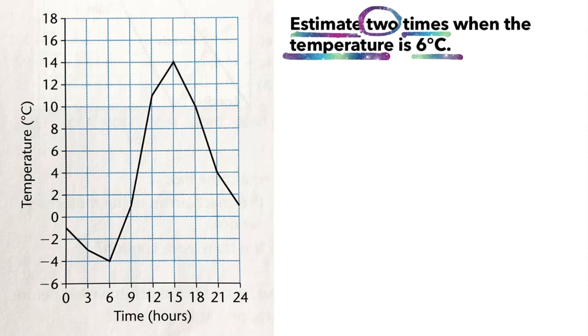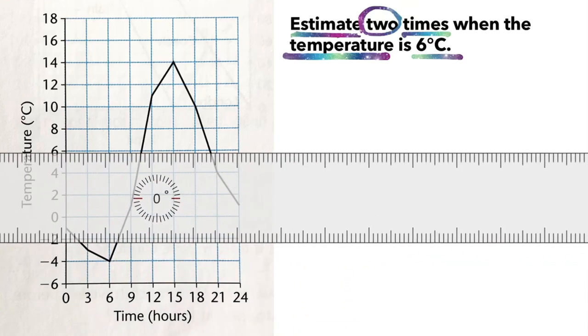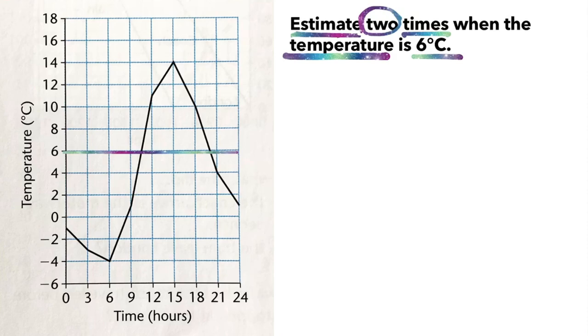Okay, so this time I'm going to go across from 6 degrees Celsius and see what kind of crosses my path. So let's try it. I'm going to just draw a line across from 6 degrees Celsius. Okay, hopefully you can see that. And yes, it does cross the line twice at 2 points, here and here.